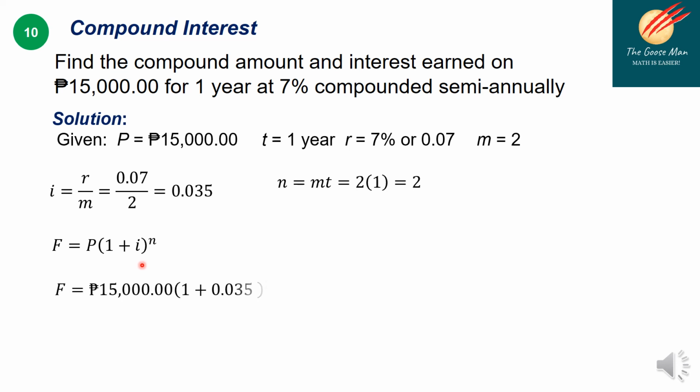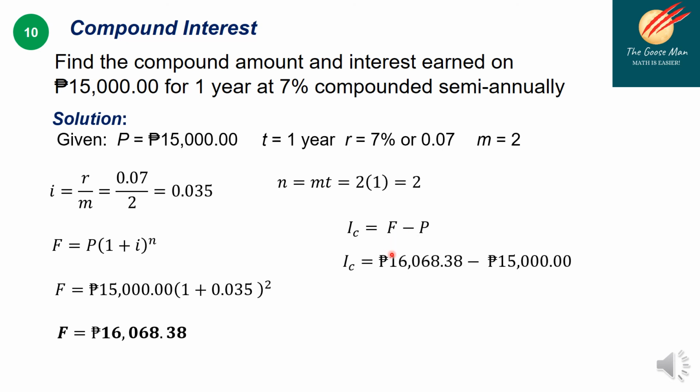So substitute the value. We have 15,000 pesos times 1 plus 0.035 squared. So the future value is 16,068 pesos and 38 centavos. Next, we will look for the compound interest. Like in the simple interest, we will subtract the present value from the future value.